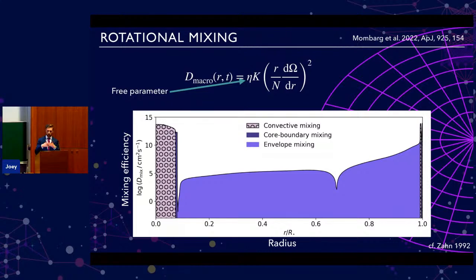If you have some shear between different layers, you have much more efficient mixing. It also depends on the Brunt-Väisälä frequency and the thermal diffusivity, K. That leaves us with one free parameter, eta. What I'm showing you in the plot here is the mixing efficiency that we find using this formalism with the rotation profiles from ESTER.